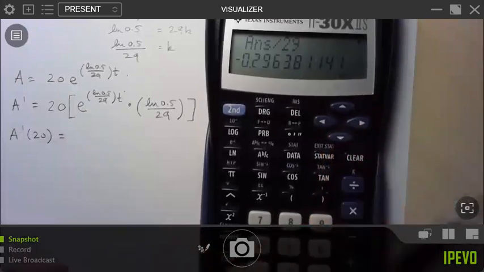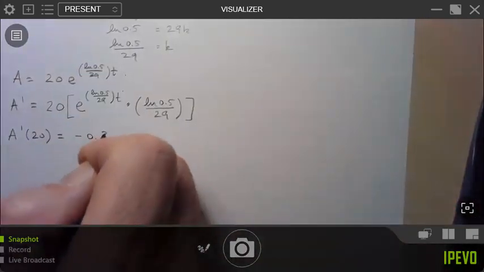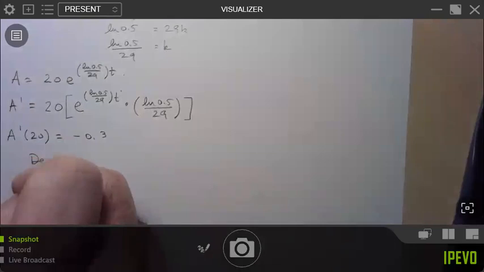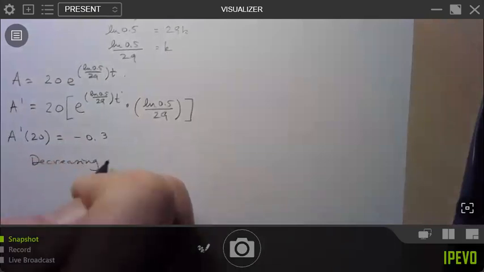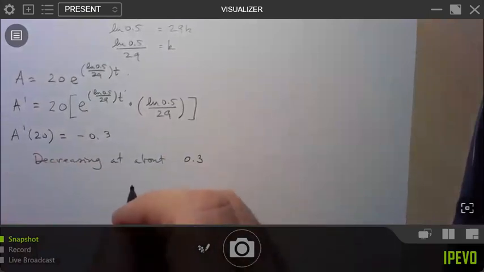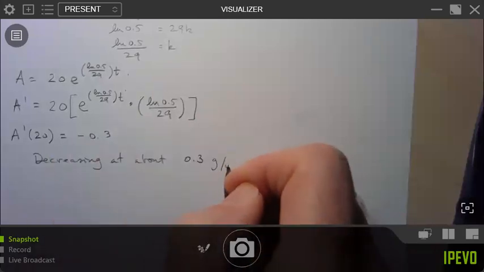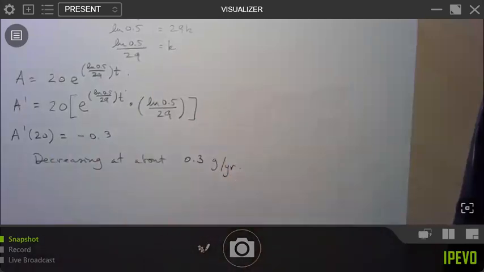Okay, so here about negative 0.3. So that means it's decreasing at about 0.3. And here we're talking about grams, so about 0.3 grams per year.